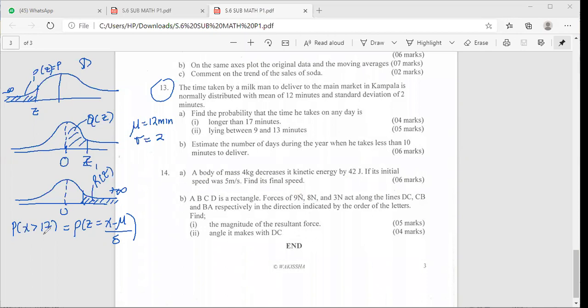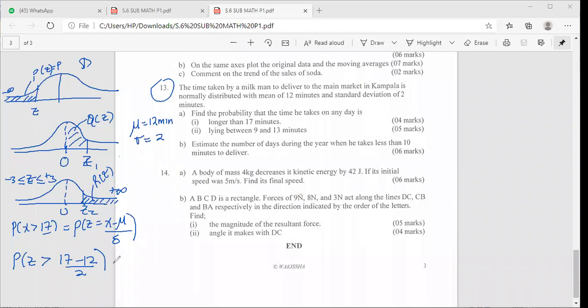For example, that's 17. So I'll say probability of Z is going to be greater than 17 minus 12 divided by sigma, which is 2. And the Z ranges between -3 and +3, does not exceed there.